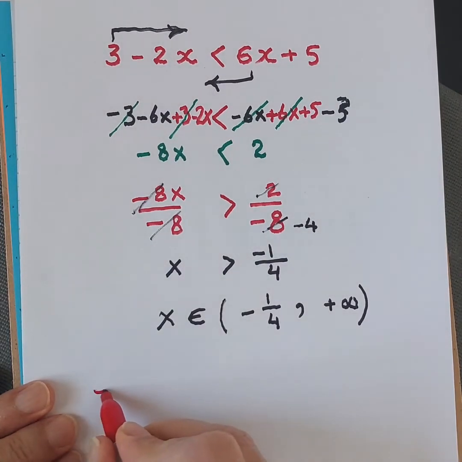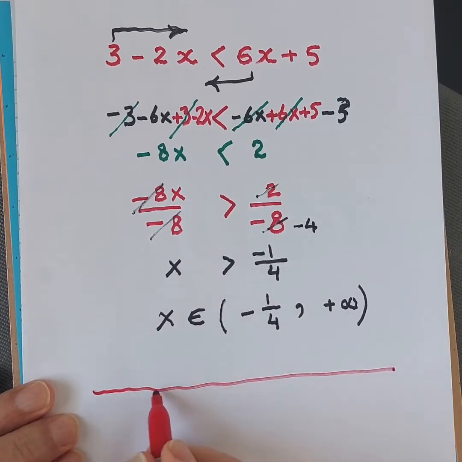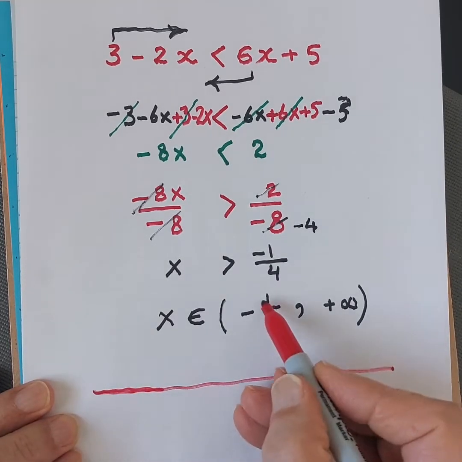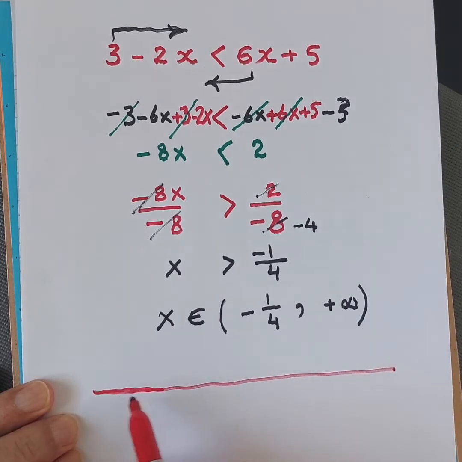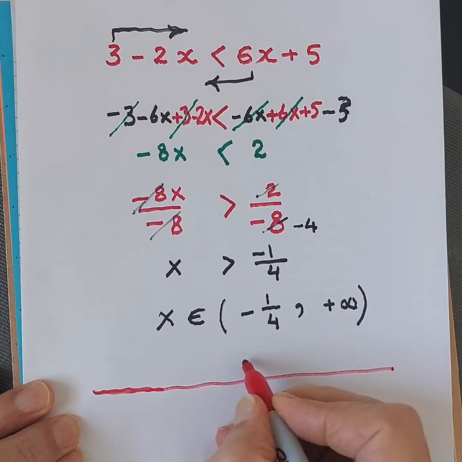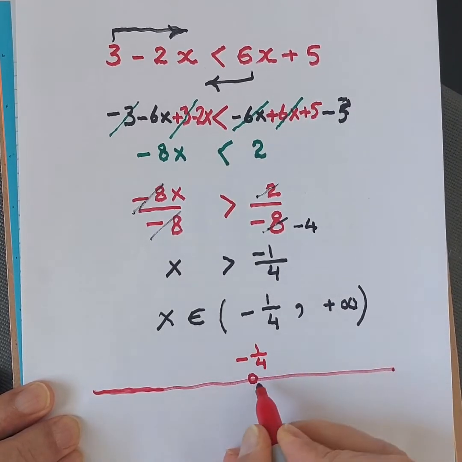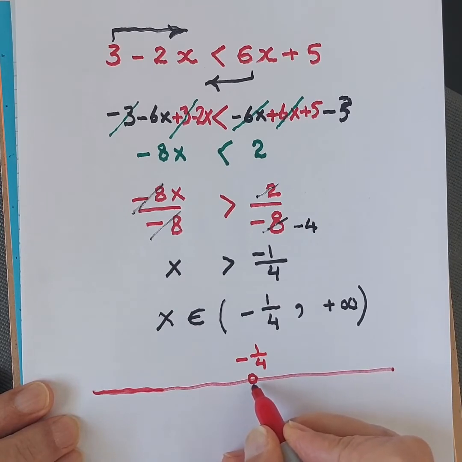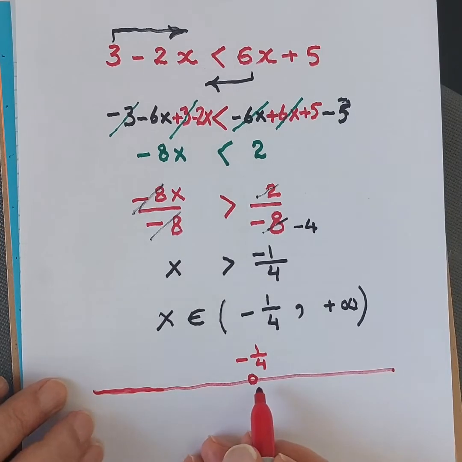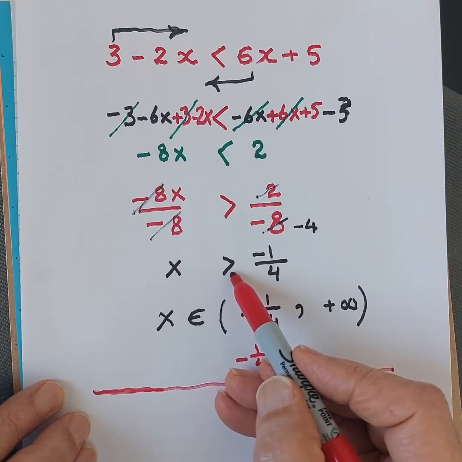this is the real number line. Consider this number at any point here on the line. If you consider it like here, negative 1 over 4. See, I made small circle here. It will be an empty circle because there's no sign of equal under the sign of greater than.